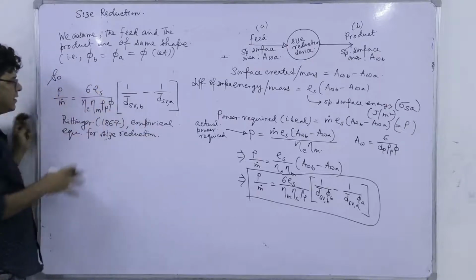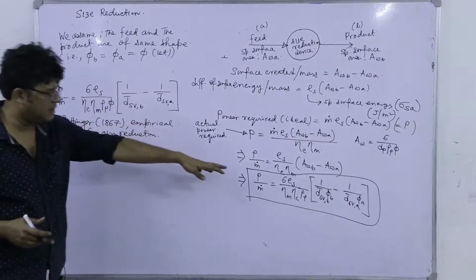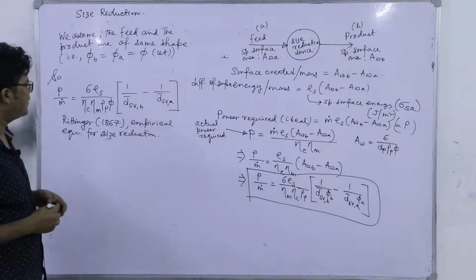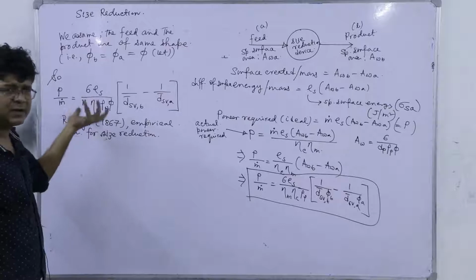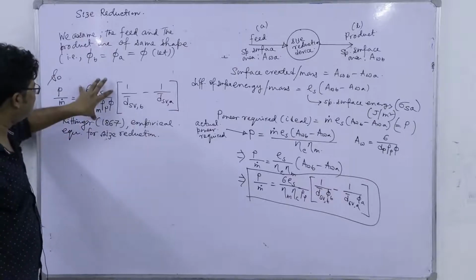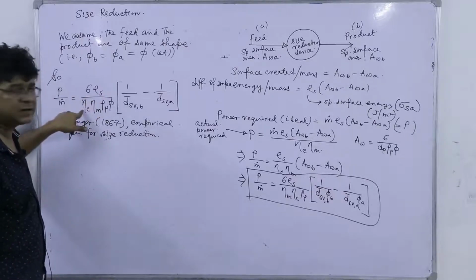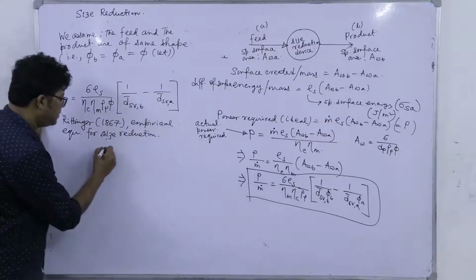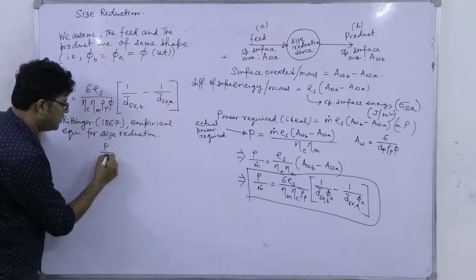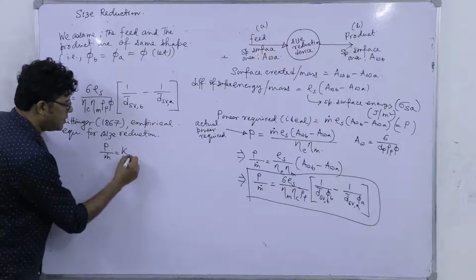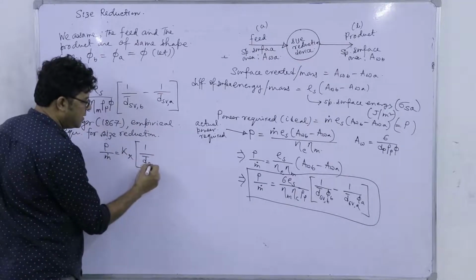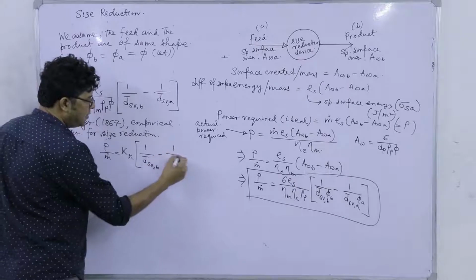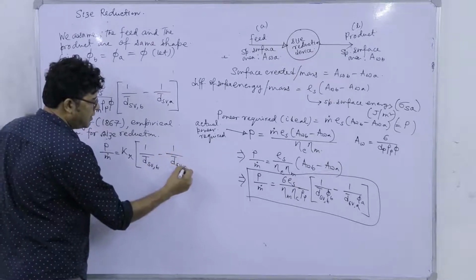What he did was group whatever we derive from theory into a single constant. It is pretty logical because this term has no meaning because of the term eta C. So P by m dot becomes Rittinger's law: Kr into 1 divided by d bar SVB minus 1 divided by d bar SVA.